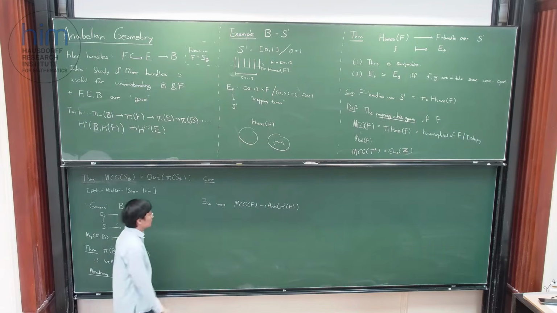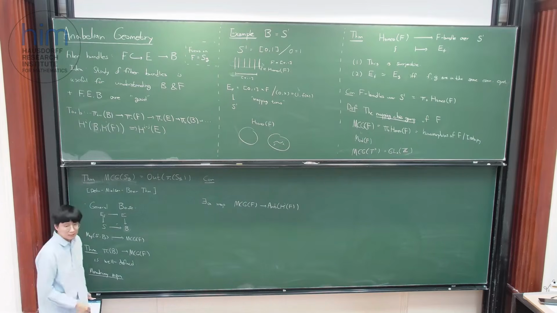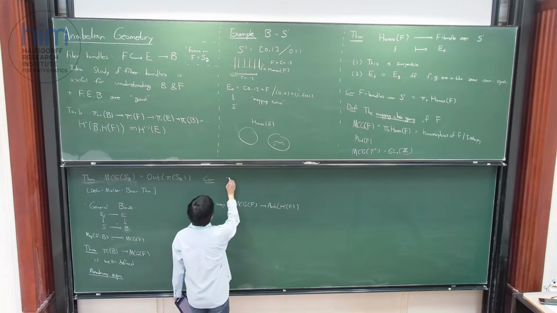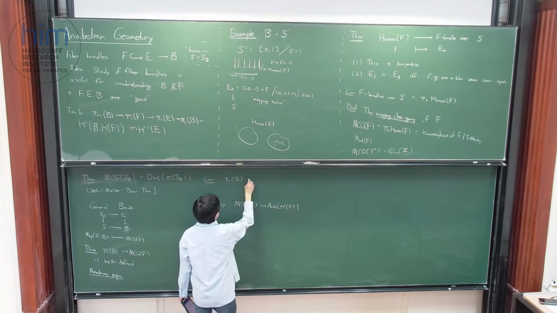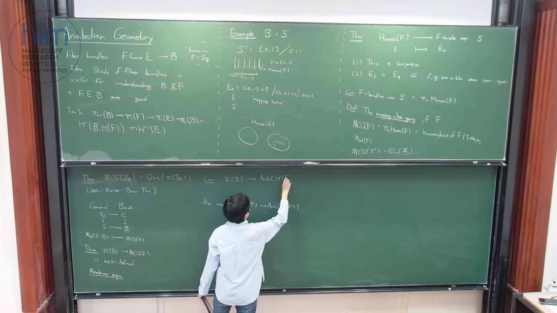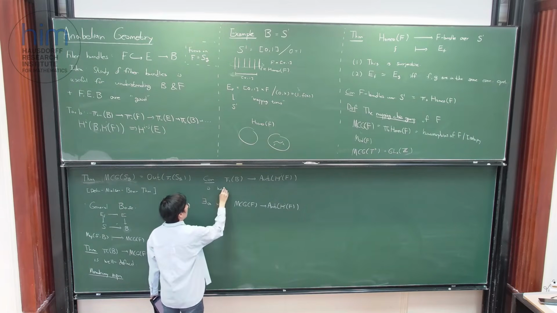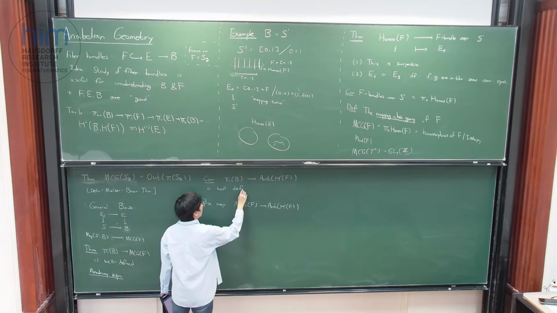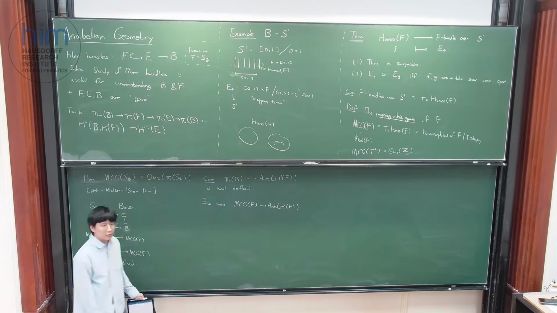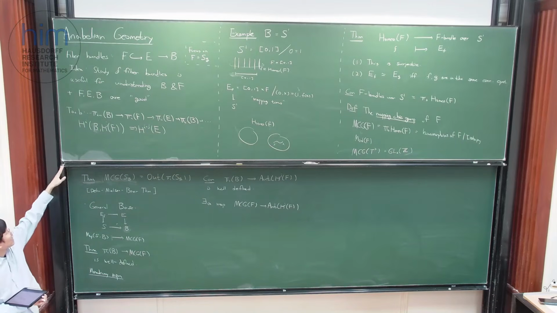So if you compose this map with the monodromy representation, this will give you a representation of the fundamental group of B on the j-th cohomology group of F. This is also a very important object. If you're familiar with sheaves and local systems, then this is nothing but the higher pushforwards.